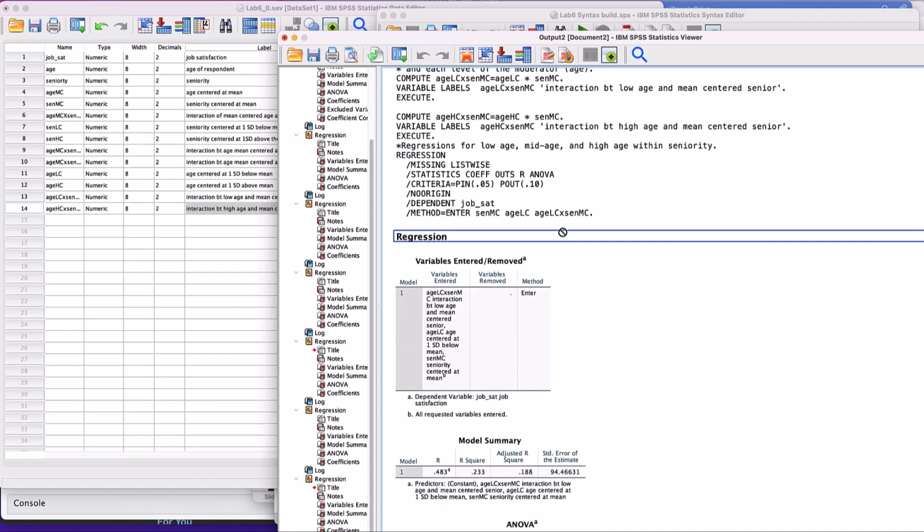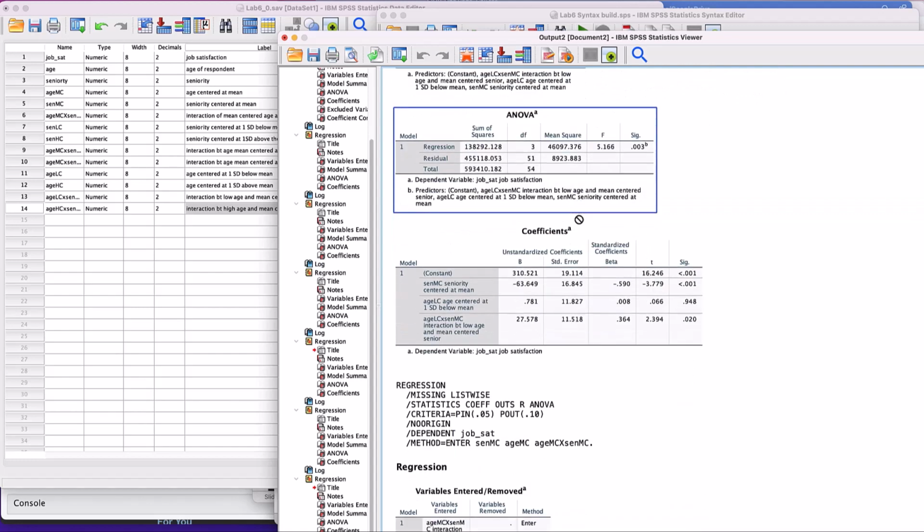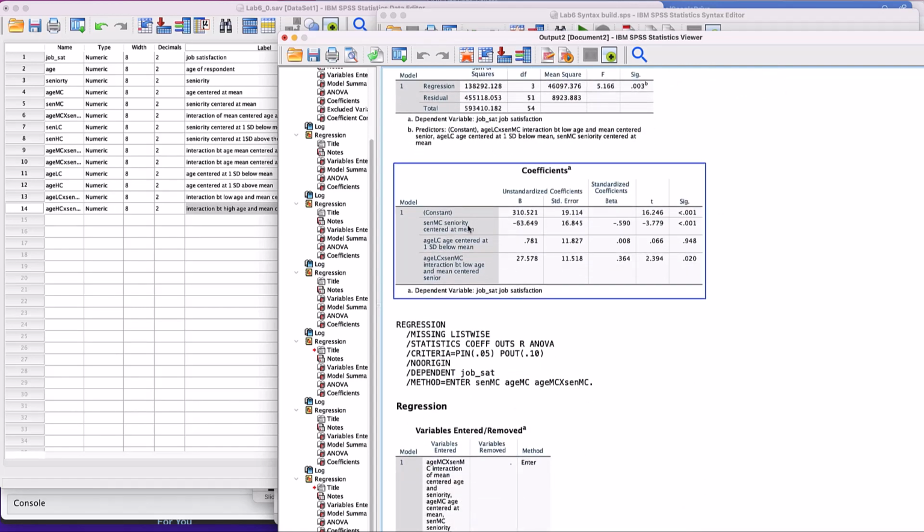So here's the one for low age and average seniority. And again, I'm just going straight to the coefficients table because all I'm interested in is the focal predictor of seniority. What is its relationship with job sat, and is it significant? So it's a significant relationship, which means under the condition of lower aged employees, seniority was negatively predicting.